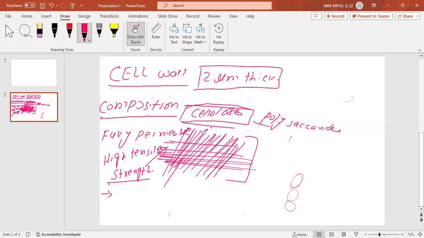So it has high tensile strength because it keeps the cell intact and protects the cell from outside forces and pressures. The plant is always exposed, and every type of pressure that the plant has to bear, the main role in that strength is provided by this cell wall.